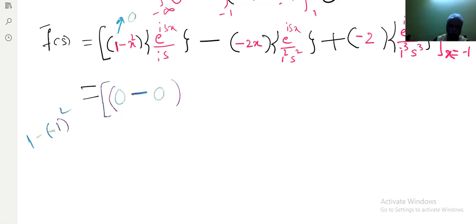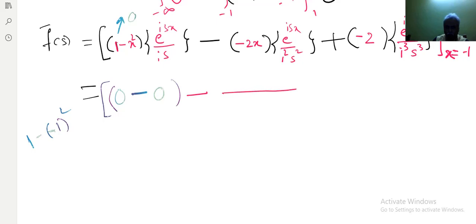Then we will come to the second term. Second term, you see minus of minus plus, but i square is there. So i square is minus 1, minus here, and this minus 1, 2, 3 minus signs make the whole term negative. And here x equal to 1, the upper limit.